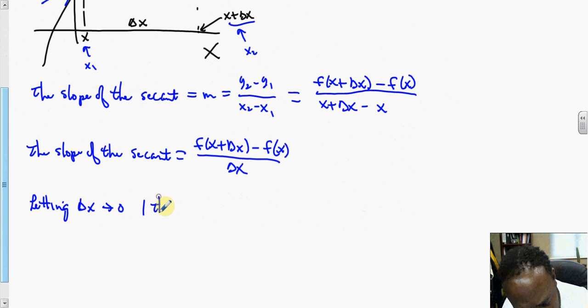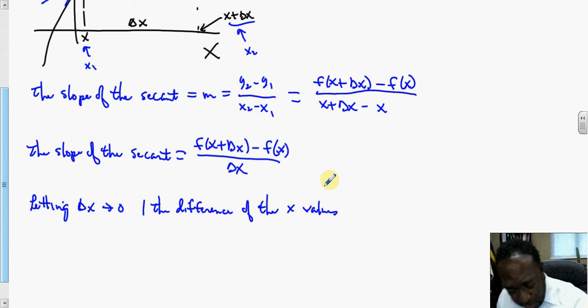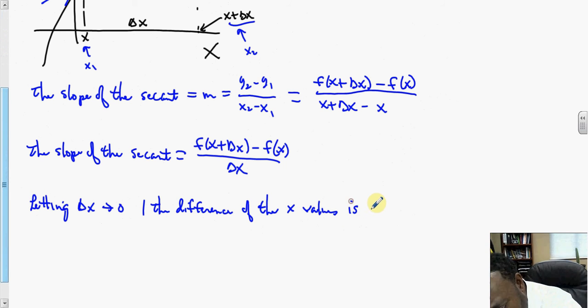that is the difference of the x values is minimized.